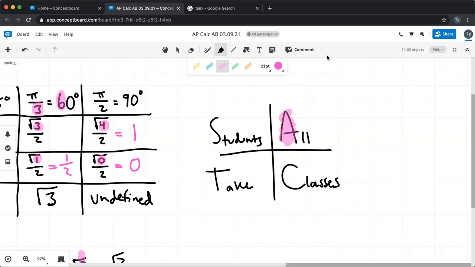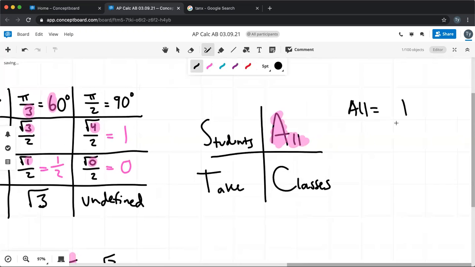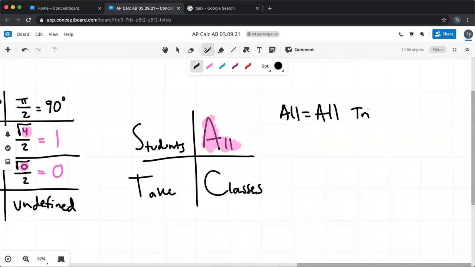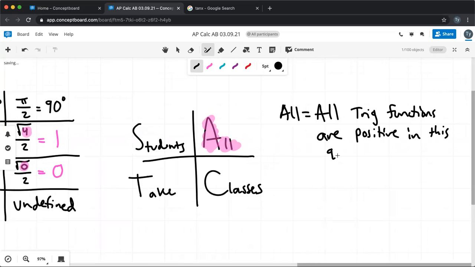All means all trig functions are positive in this quadrant, which is quadrant 1. Q1, quadrant 1.